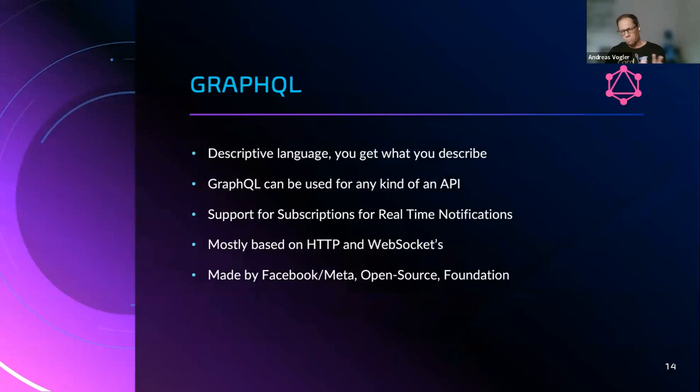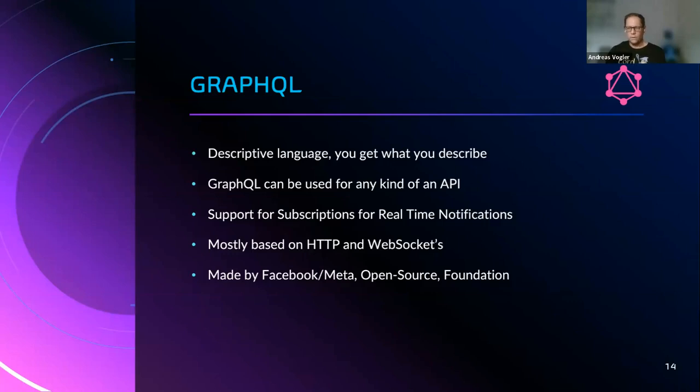Sometimes compared to a REST API, REST API is more well known, let's say, than GraphQL, but GraphQL has a lot of features compared to a simple REST API. First of all, it is a descriptive language, so you can really describe what functions you call and also define exactly what you want to have back, but I will also come to that later.